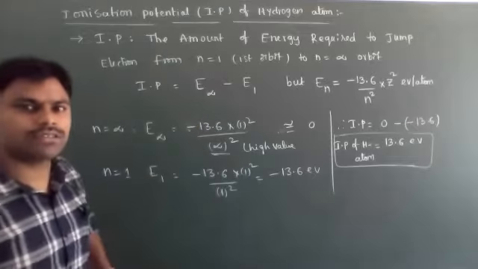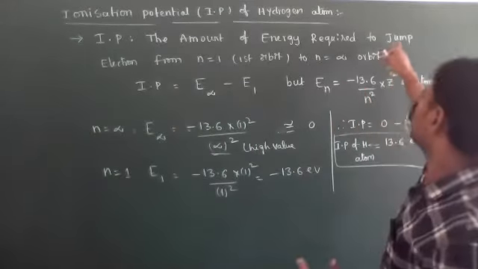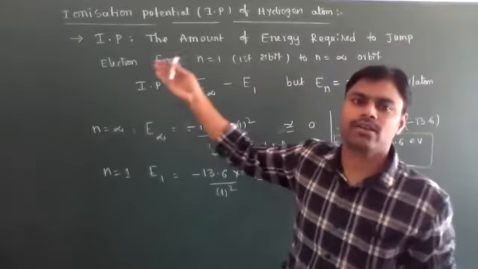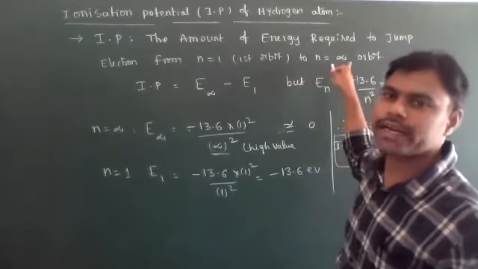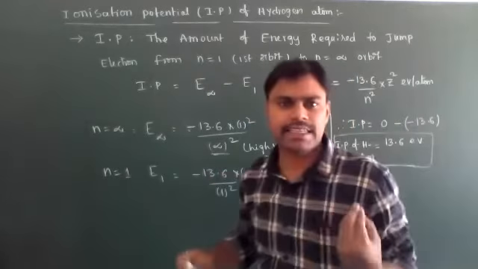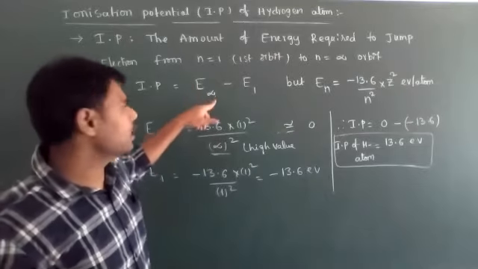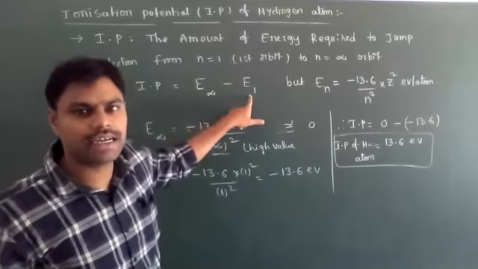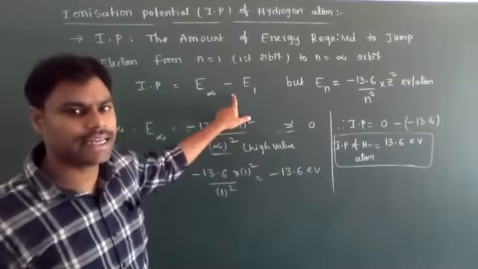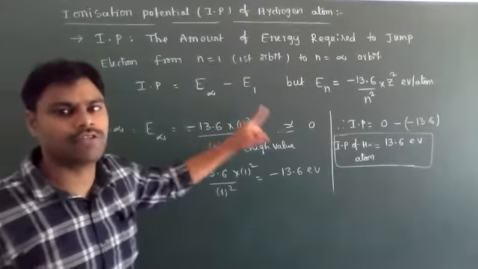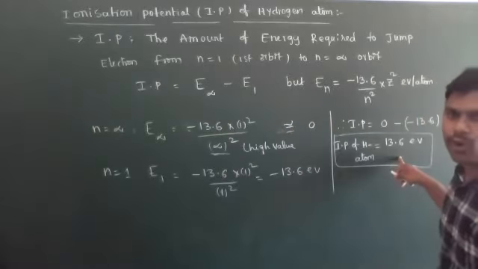So the definition: the amount of energy required for the jump of an electron from the first level to the infinity level, or first orbit to infinity orbit, is known as ionization potential. It is the energy difference between the infinity level and the first level. Infinity level energy is 0 and first level energy is minus 13.6, minus of minus is plus. Therefore the ionization potential of hydrogen atom is plus 13.6.